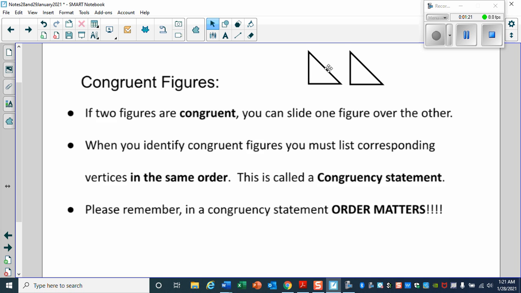So that's the idea, having congruent figures. It might be something like this. So even if the direction is different, your goal is that there's a way you can turn it so that the first one slides over the second one. So that's the purpose of that idea.